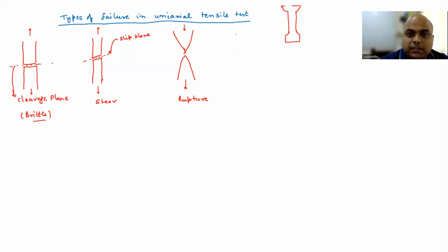And the last one, which I think you already know, is something like this. You have necking during tensile testing, and then you see a typical cup and cone failure.